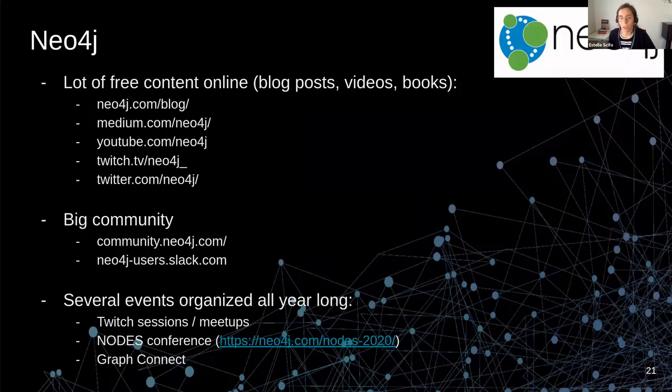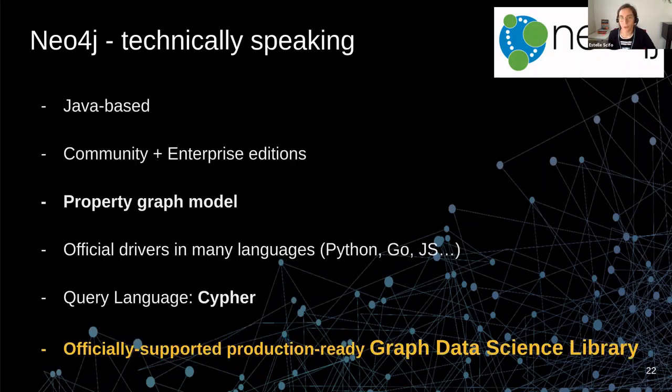They also have a very big community, so you can easily find help if you have any problem with setting up Neo4j, importing your data or whatever. And finally, they organize several events all year long, from meetups to Twitch sessions. They also organize conferences to showcase what you can do with a graph database, and especially with Neo4j.